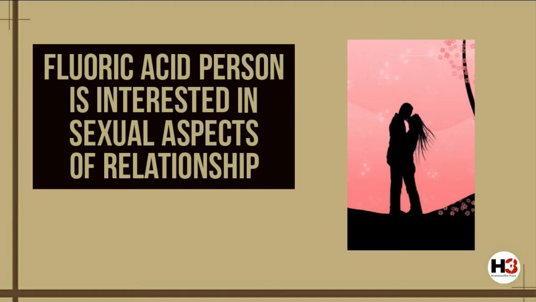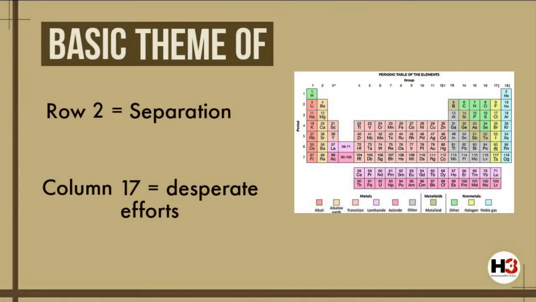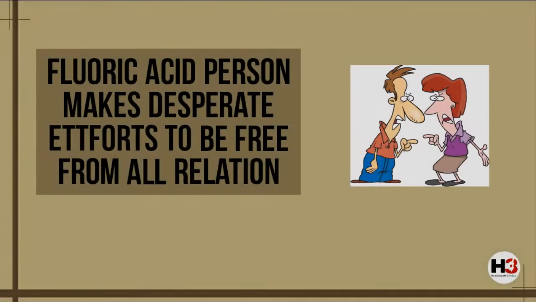The basic theme of row 2 of the periodic table is separation, while column 17 has a basic theme of desperate efforts. Thus, a fluoric acid person makes desperate efforts to separate from all his relationships.